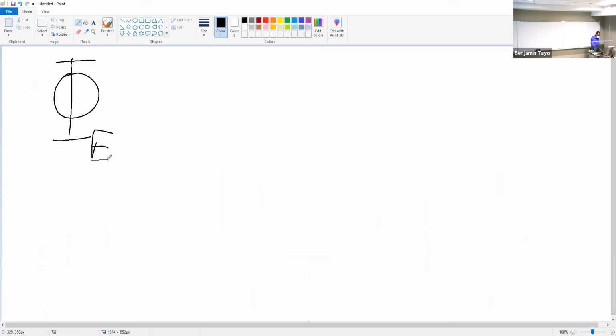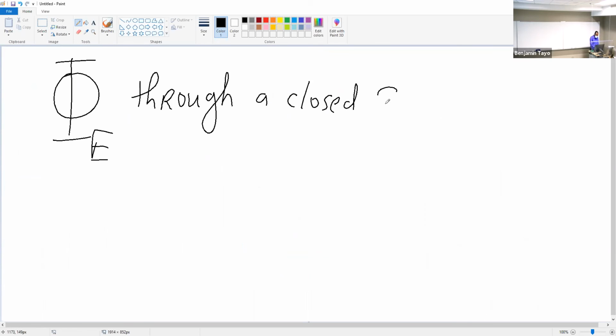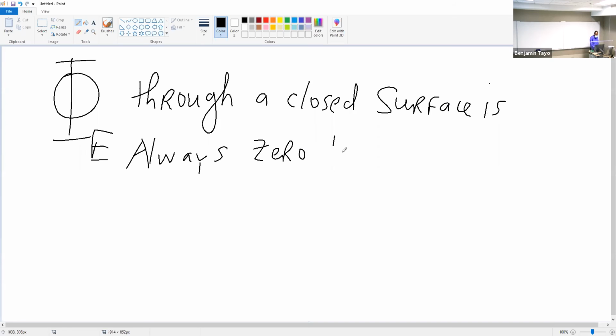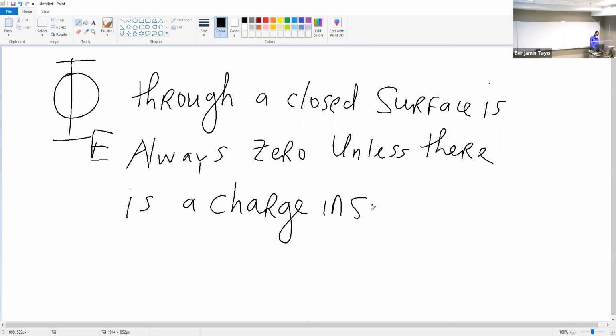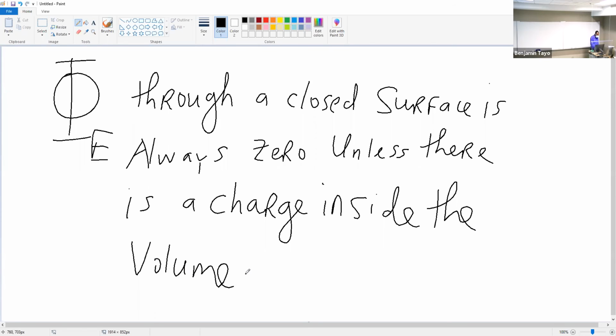The electric flux is always 0, unless, and this is called Gauss's law.